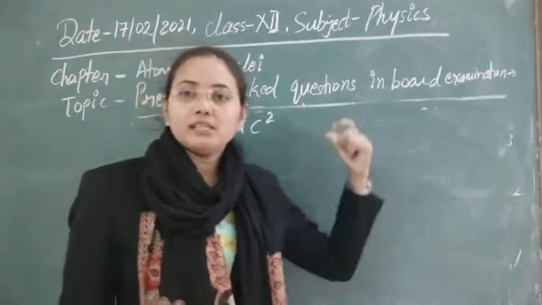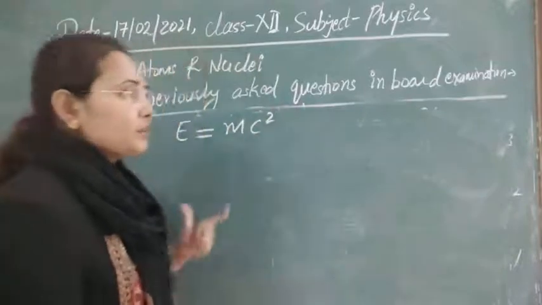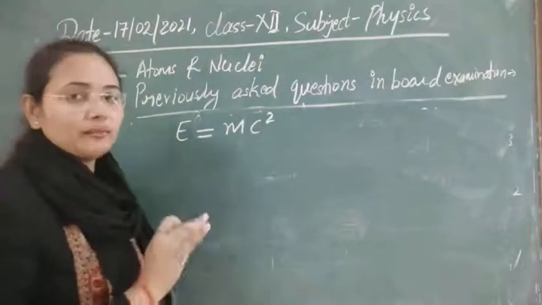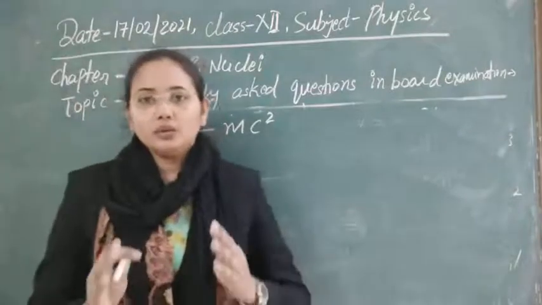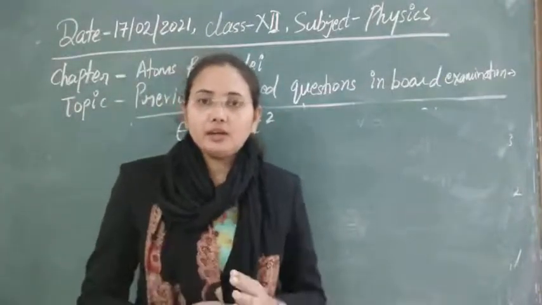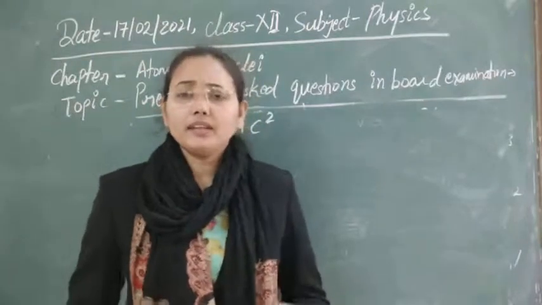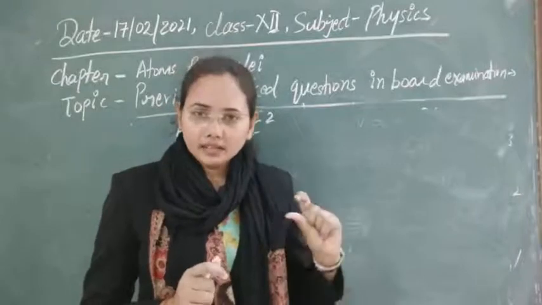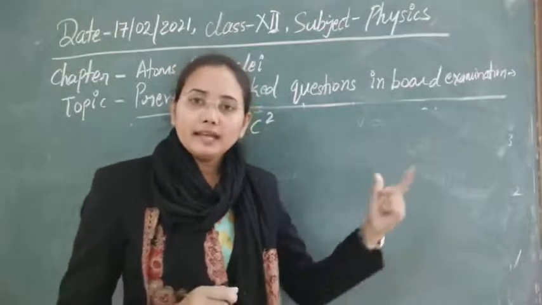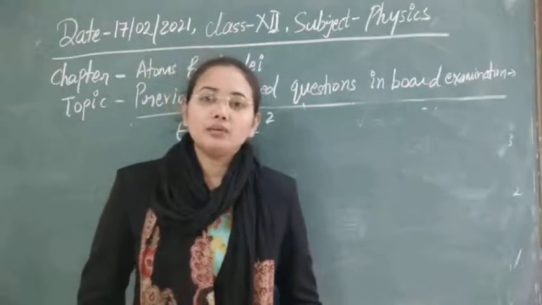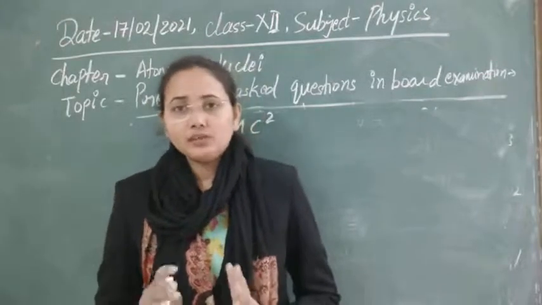Neutron will have energy, proton will have energy. Suppose we have to calculate the mass of the whole nucleus; the nuclear constituents are proton and neutron. In any nucleus, suppose Z is the number of protons and A is its atomic mass, then definitely its neutron number will be equal to A minus Z, which you already know.